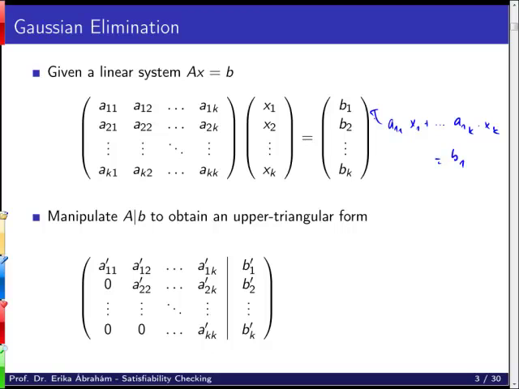So I can have certain transformation steps on this matrix. First, I may multiply a row by a constant factor. Thereby, I do not change the equality itself. And I may add or subtract a row from another row. Since both sides are equal, by adding or subtracting, I also do not change the equalities.